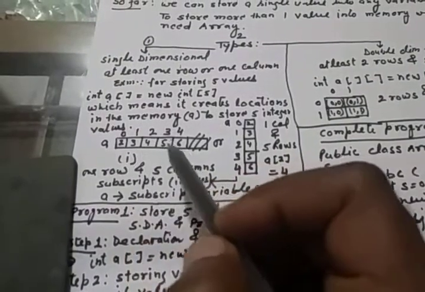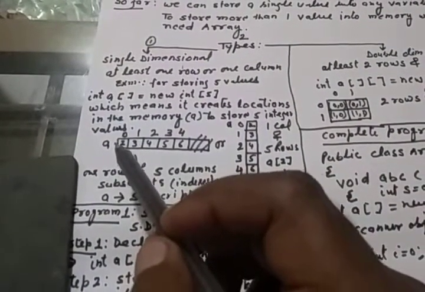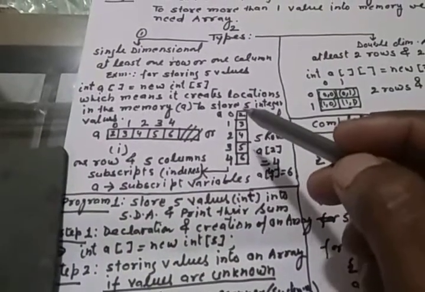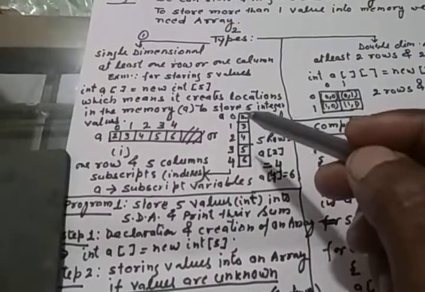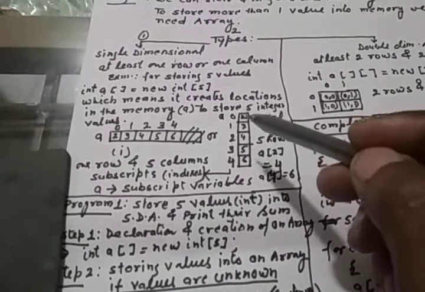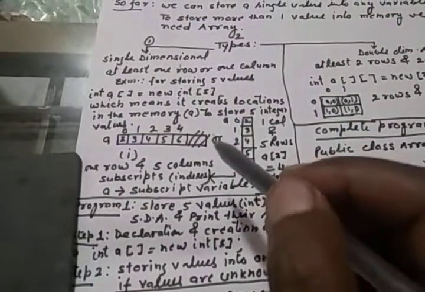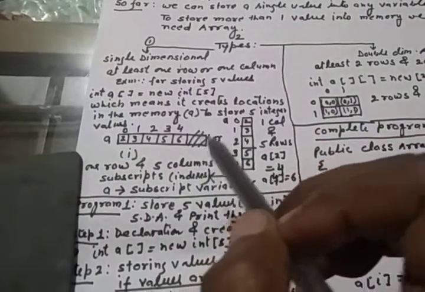Okay. So look here, if we take this example, there is one row and how many columns are there? 5. If you consider the array in such a way, there is only one column, but how many rows are there? 5 rows. So what is the definition of single dimension array? It contains at least one row or one column.